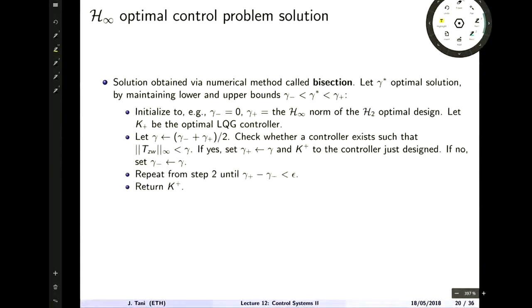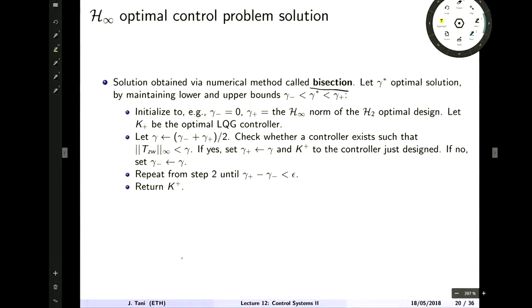I just want to say one more thing which is important for you to understand also the software, which is how you would typically find the solution. Well, it is hard to design software that actually spits out the optimal gamma. So what is done is called a bisection method.